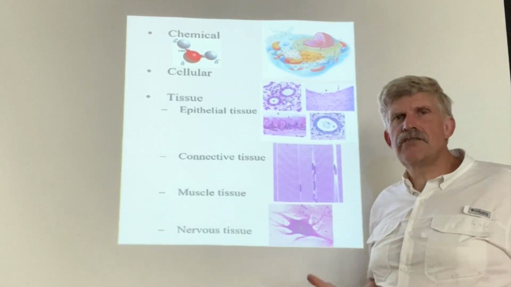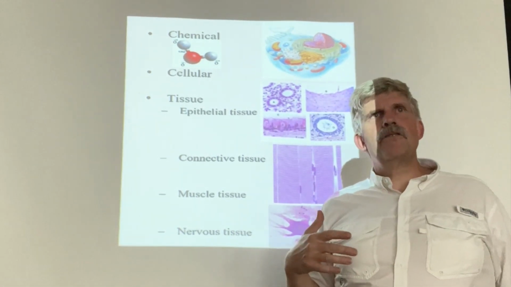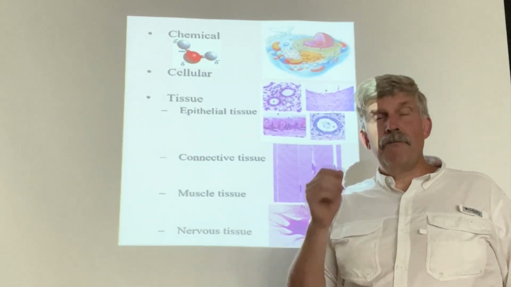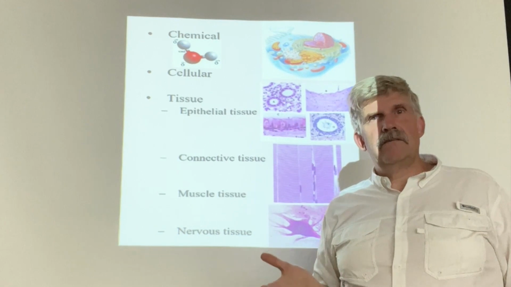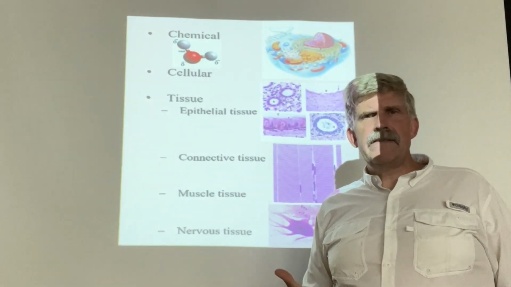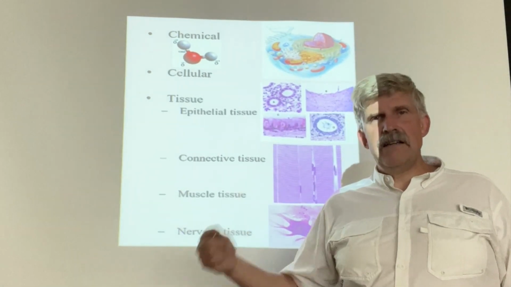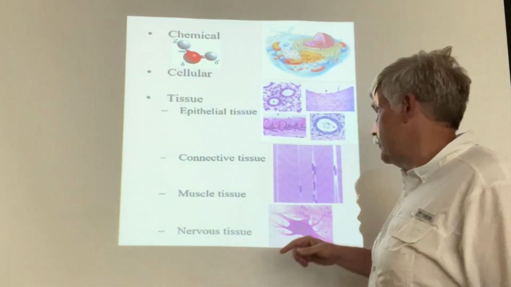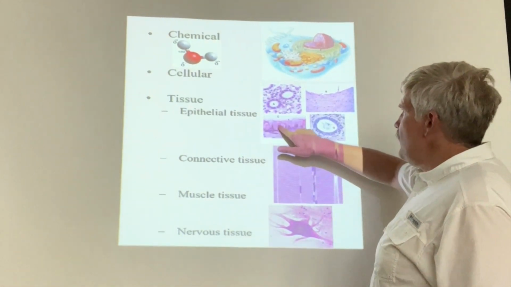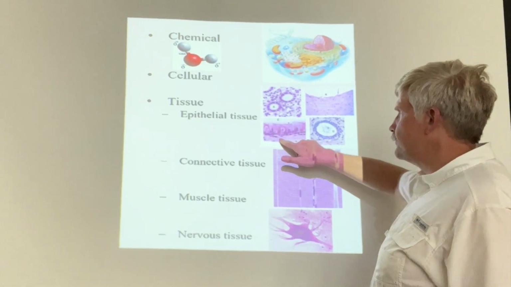Now, connective tissues, I don't have a separate picture for them. I certainly could. I could show you a section of bone. Bone is a solid connective tissue. But most of the connective tissues that you might run across are actually right next to an epithelial tissue. So here's my epithelial tissue, here's connective tissue.